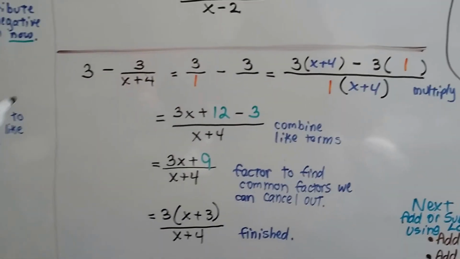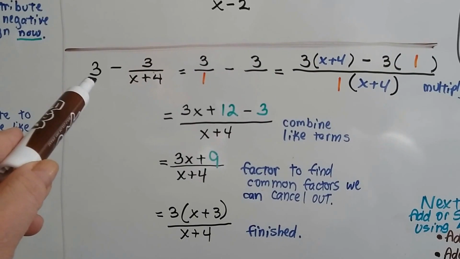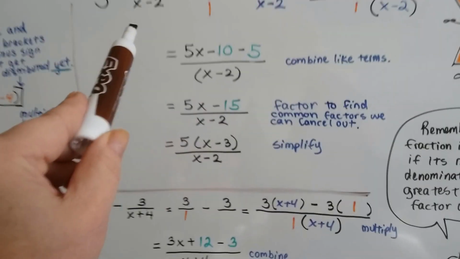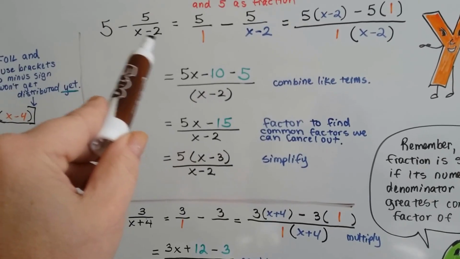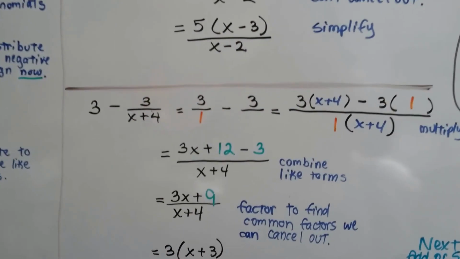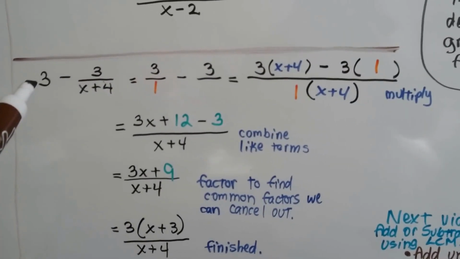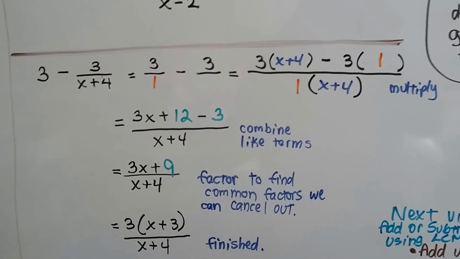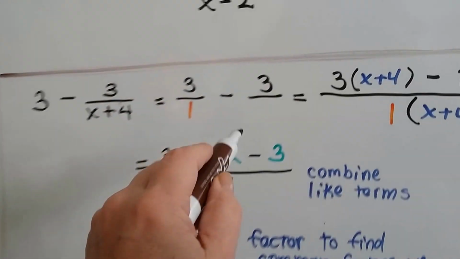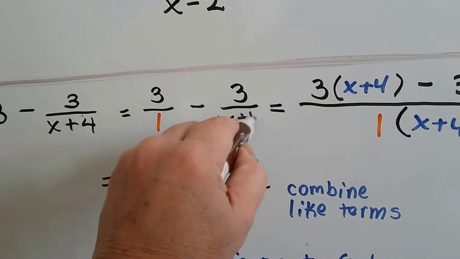Let's try one last one. We've got 3, a whole number, minus 3 over x plus 4. This one we did minus x minus 2 as the denominator down here. See, now we're going to do it with a plus, all right? So we're going to turn this into a fraction. So we got 3 over 1, and it's going to be minus, x plus 4.